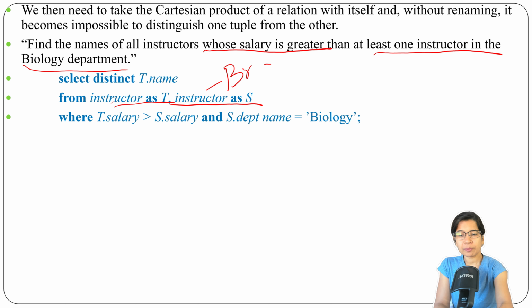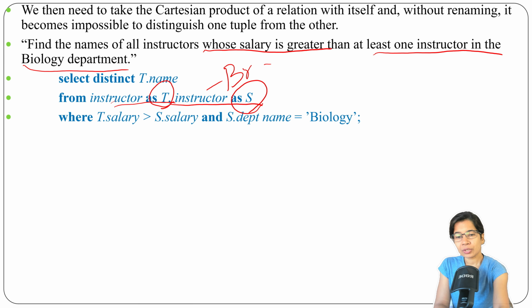T.salary should be greater than S.salary and S.dept_name equals biology. Here we are comparing within one relation. So renaming helps us to distinguish between biology department instructors and other instructors. So we can compare other instructors with biology department instructors whose salary is greater than the biology department instructor.